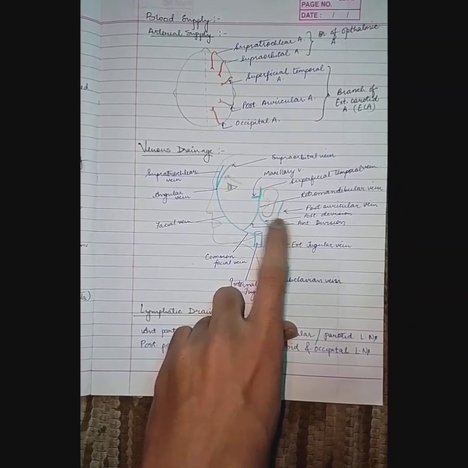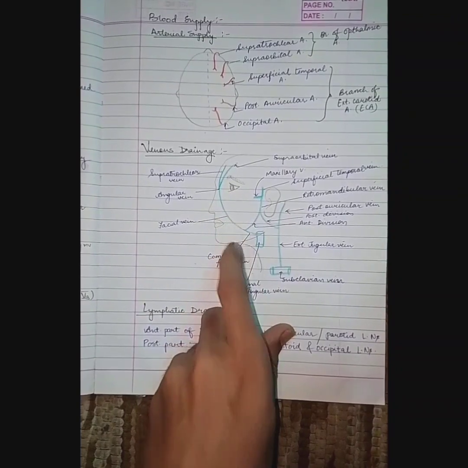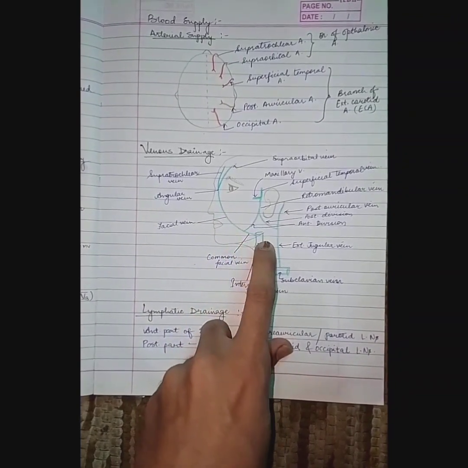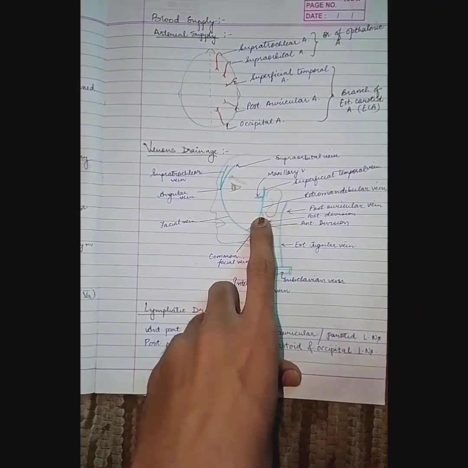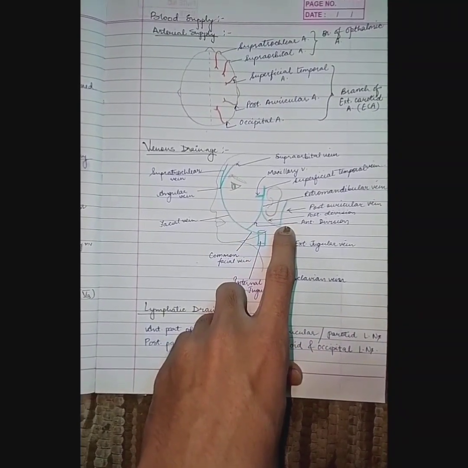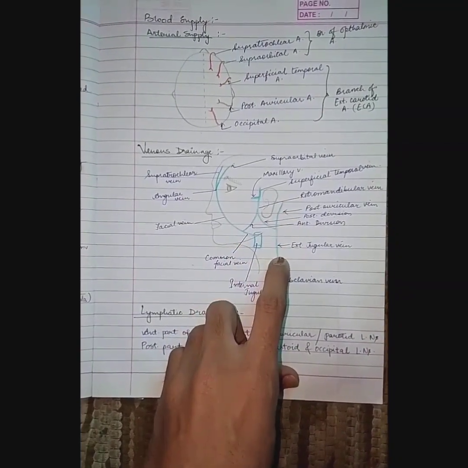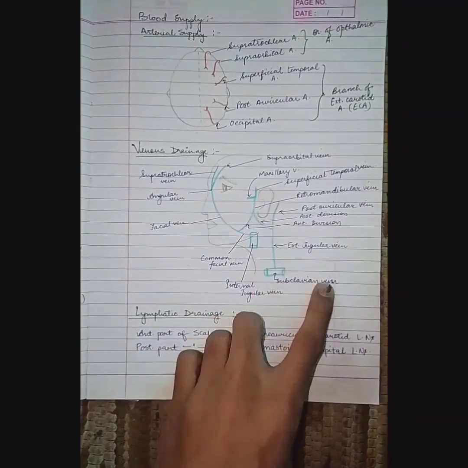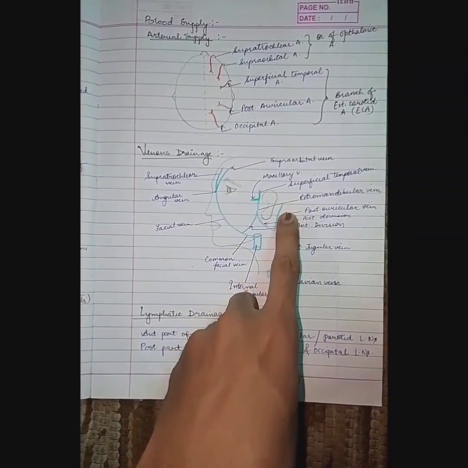The anterior division combines with the facial vein to form the common facial vein, which drains into the internal jugular vein, while the posterior division combines with the posterior auricular vein to form the external jugular vein, which drains directly into the subclavian vein. You can easily remember that behind the auricle this is posterior auricular.